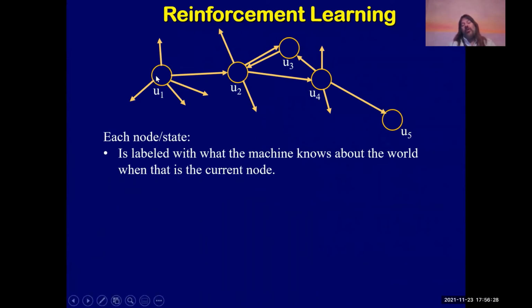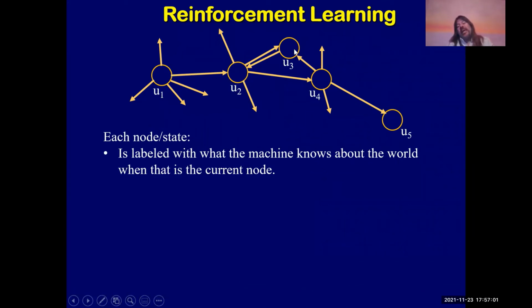And we're going to label each node with the value, I guess on the other page it was F, but we're switching over to U. I don't know why. But U is going to be everything that we know about the world. This is a fixed labeling of being in this state. What does it mean to be in this state? It means that what you know about the world is U. And if what you knew about the world was the values U2, then you would be in this state.